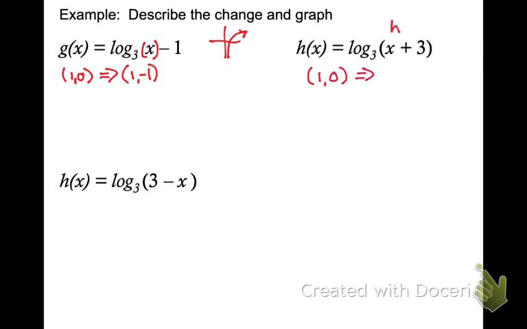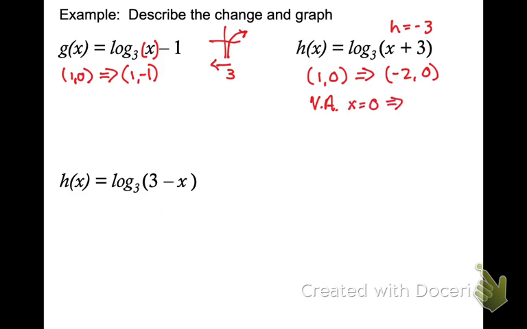So H is -3. So 1, 0 is going to go to what? -2, 0. You just take that away from your x, right? So that means this whole graph moves back 3, doesn't it? So our vertical asymptote was x equals 0.